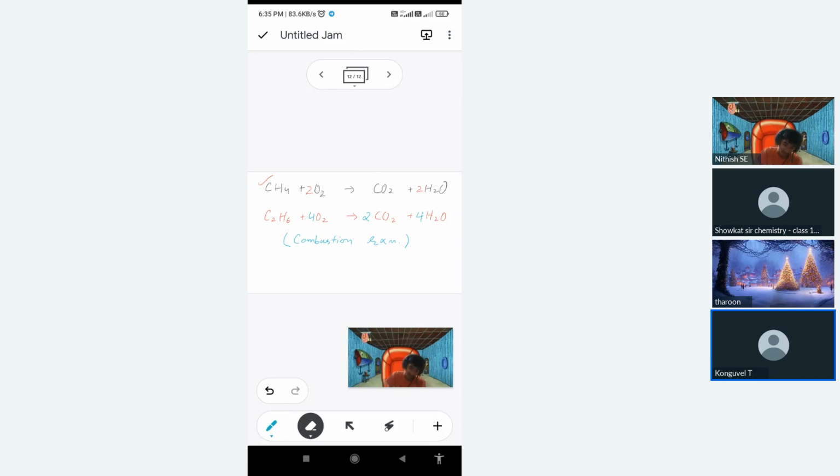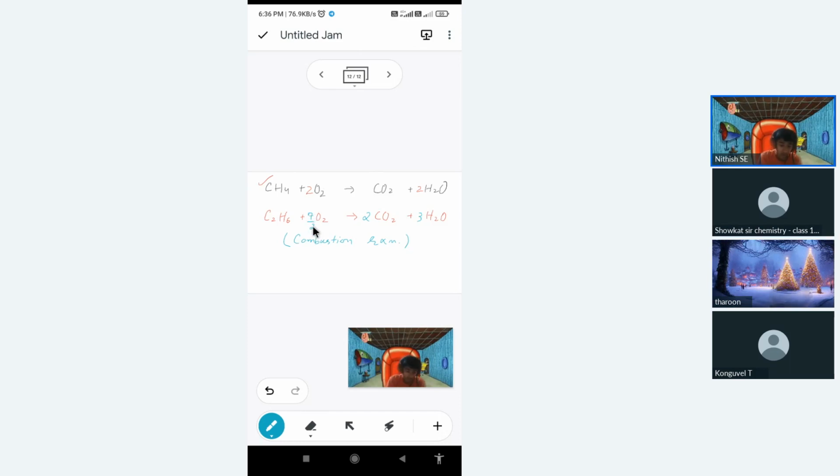We can't balance it with whole numbers, so you have to use fractions. There is also a fraction coming, so that's why it is similar to the earlier one. We are having 7 oxygen atoms on the product side, so you will write 7/2.